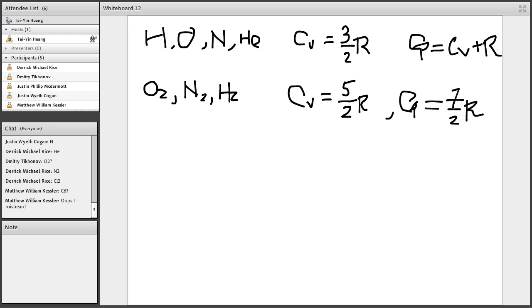For example, methane, CH4, has more than 2 atoms, and of course there are other compounds that involve more than just 2 atoms. So when you have a polyatomic, that's more than 2 atoms forming the molecule, then what is the specific heat?